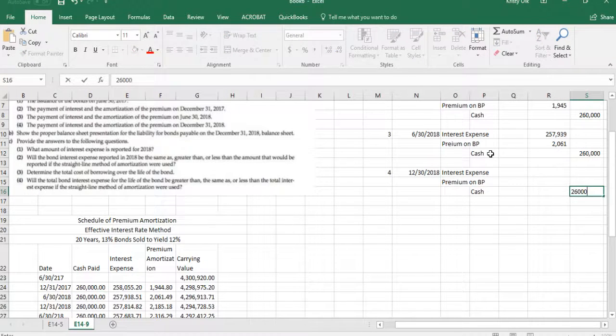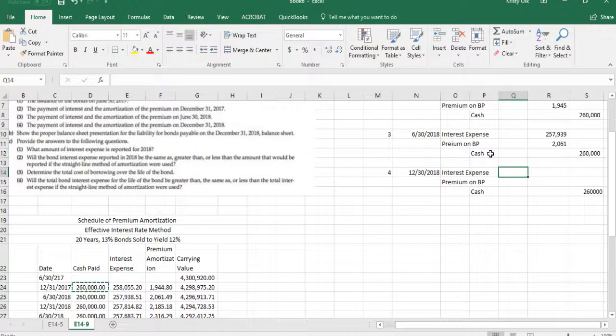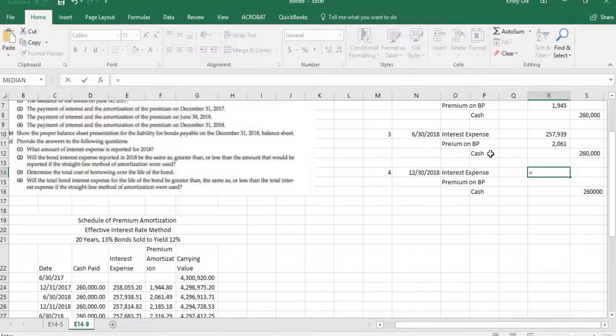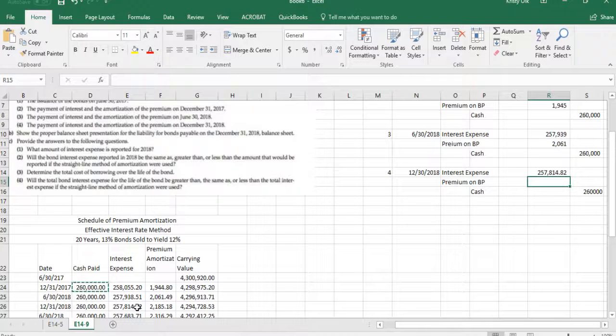You know the cash that left is $260,000. Our interest expense, according to our amortization schedule, is $257,814.82. And then our premium amortization is $2,185.18.